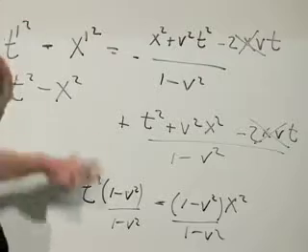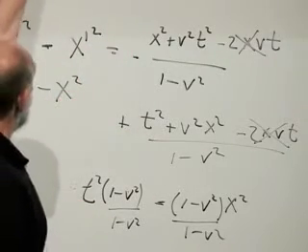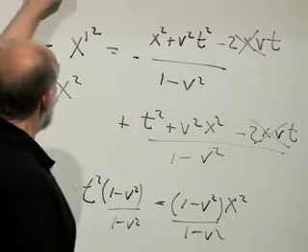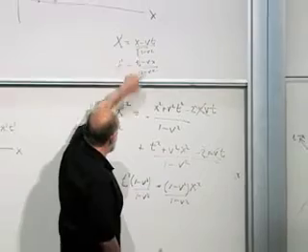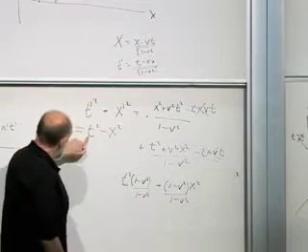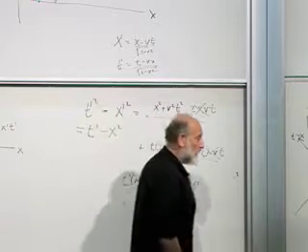If you didn't follow the little bit of algebra here, just work it out. Square this, subtract them either way, and you'll find out that t prime squared minus x prime squared is the same as t squared minus x squared.